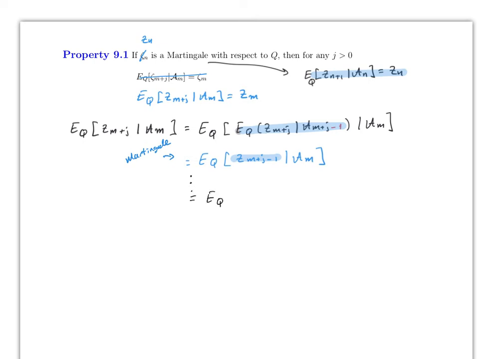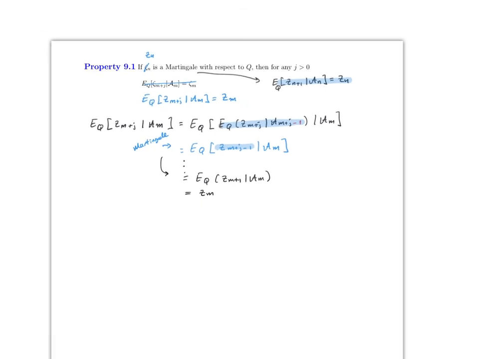You should check this part. It should be Z_{n+1}, which is the last time you can do it, given A_m. And again, by using the definition of martingale, this will just give you Z_m. So we used this property in the homework, and now you can see why it works.